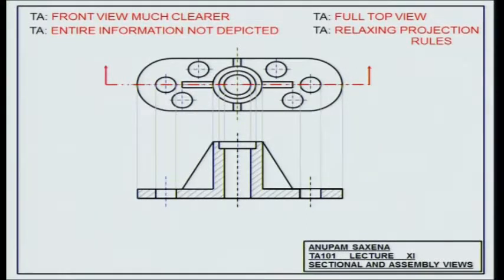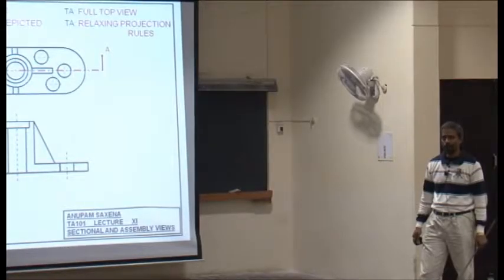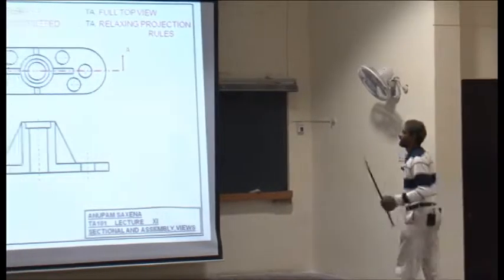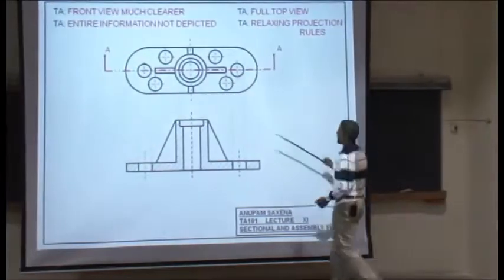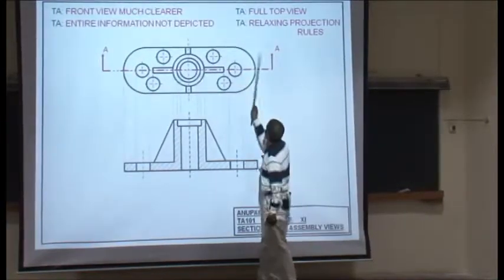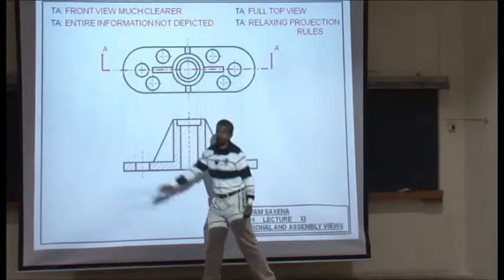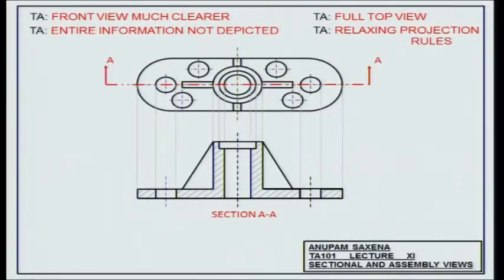So this is how the section plane is shown. Top view. This is like the edge of a knife. You're looking in these two directions, and in the front view, you say section AA.